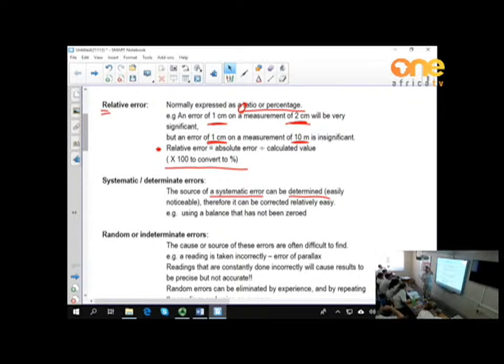I add another 10 Newton, I will get 20.2 Newton. So I know where the error is. Oh, I didn't zero the scale. We can subtract it from our reading. So that would be a systematic or determinate error. We can determine where the error was, and we can correct it.